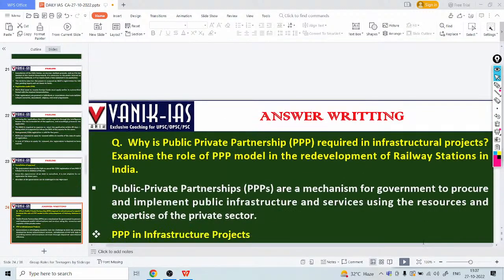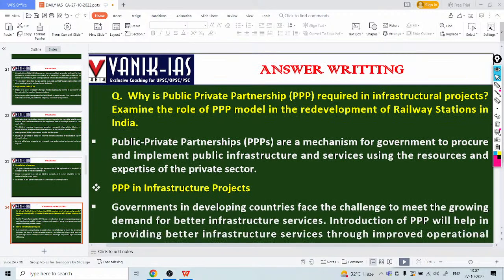Fine. Then coming to the discussion on the long question answer. Why is public-private partnership (PPP) required in infrastructure projects in the country? Examine the role of the PPP model in the development and redevelopment of railway stations in India. Recently, the government is on a massive railway station modernization.